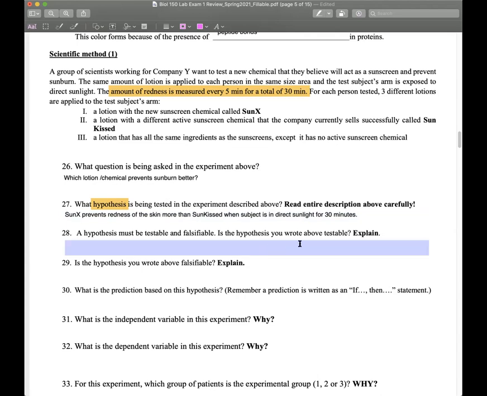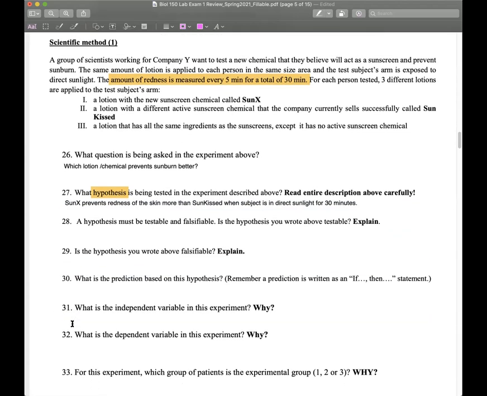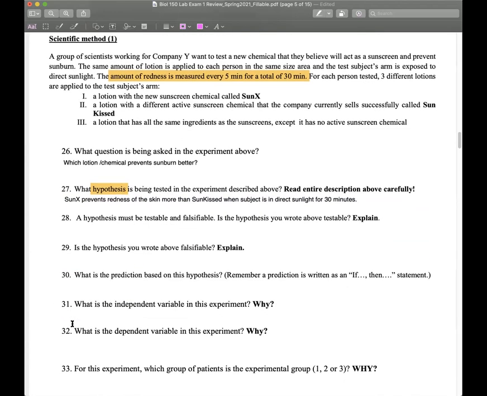All right, so it wants you to make sure it's testable and falsifiable. Yes, it is. So what about our variables for this experiment? What's the independent variable? What's the dependent variable? The independent variable would be the sunlight exposure for 30 minutes.